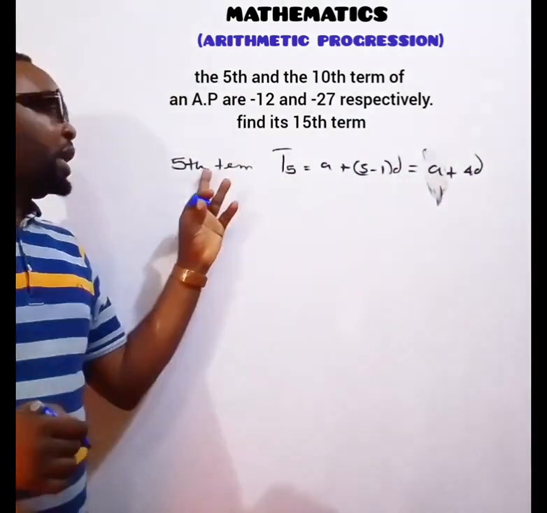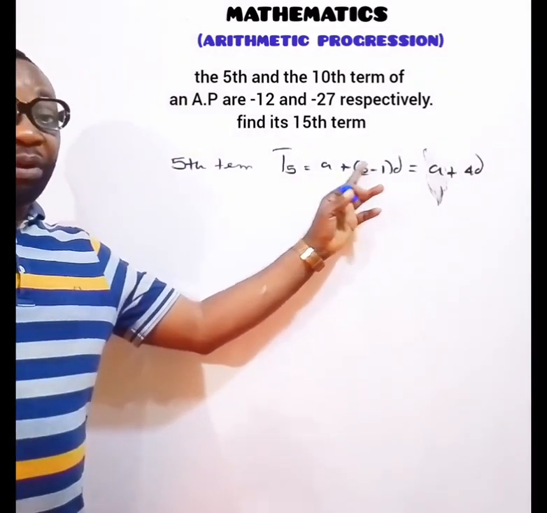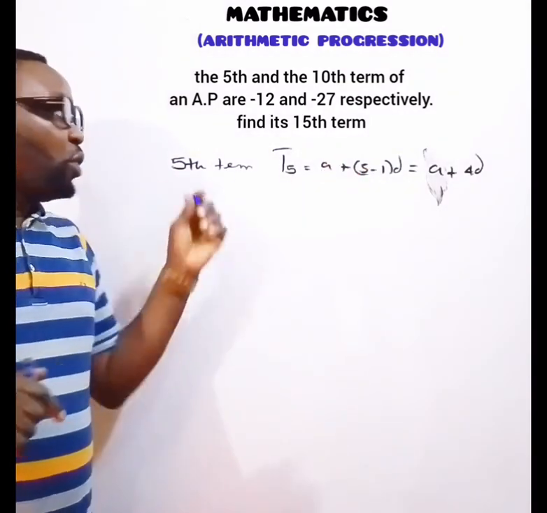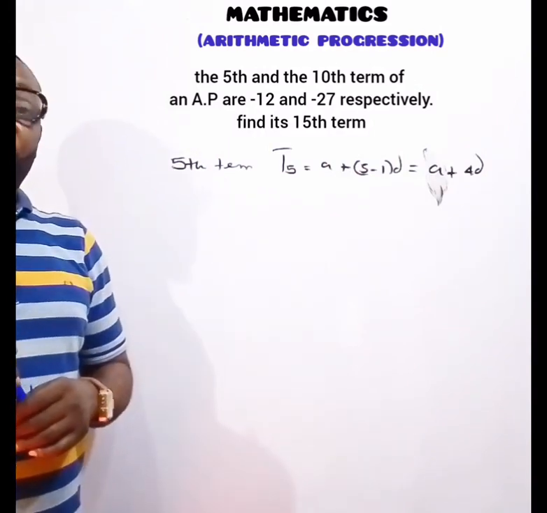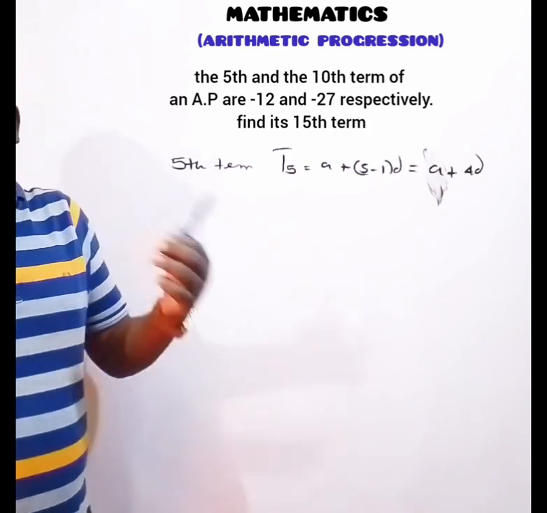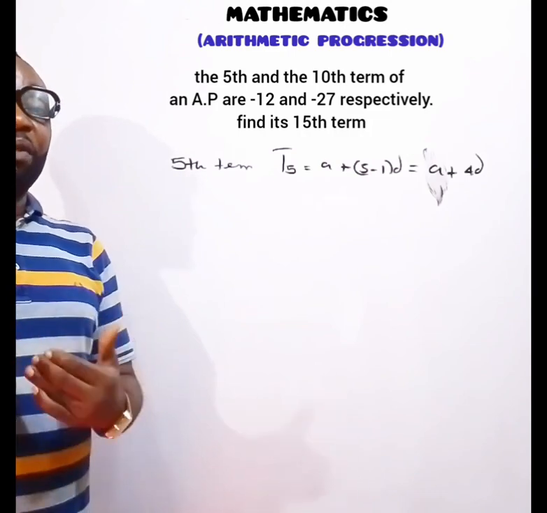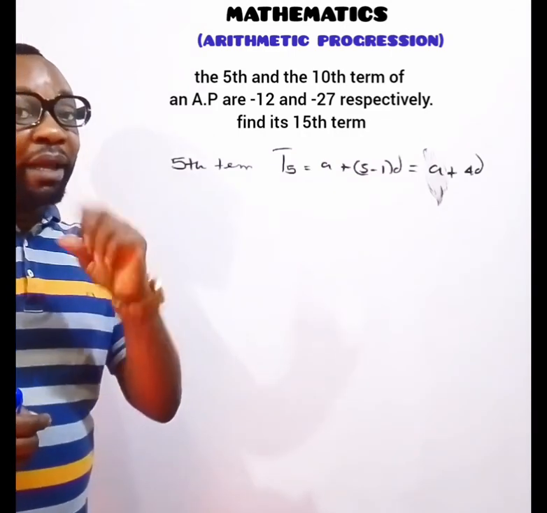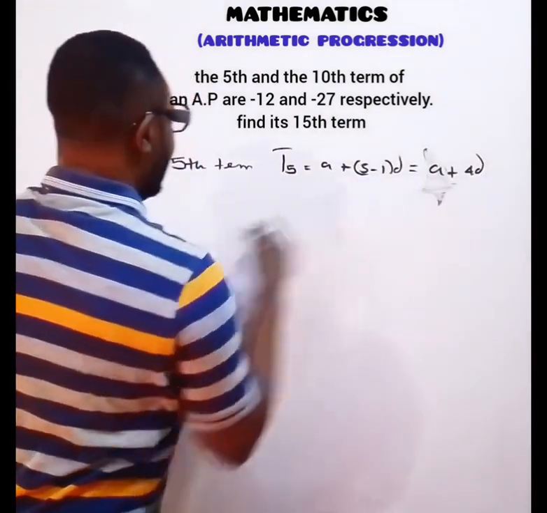You know that anytime you mention the value of d, the number of d that will be there will be reduced by 1. So when you mention the 8th term, it's going to be equal to a plus 7d. Even when you mention something like the 12th term, it is equal to a plus 11d, that is reducing the value of d by 1.